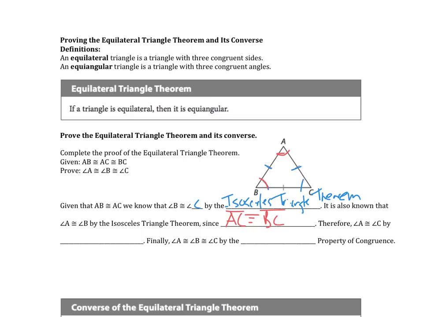So AC here is congruent to BC. So we're just rotating our isosceles triangle around. And therefore angle A is congruent to angle C by substitution.